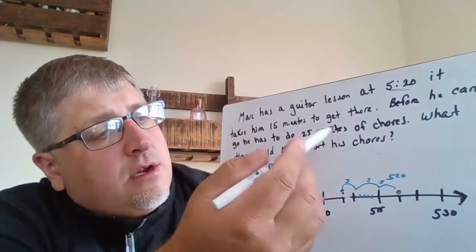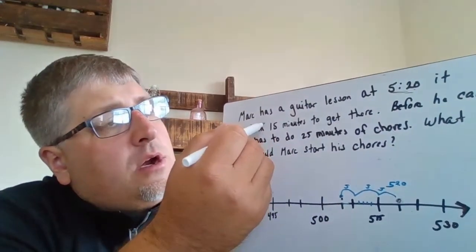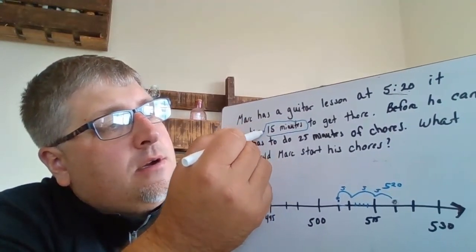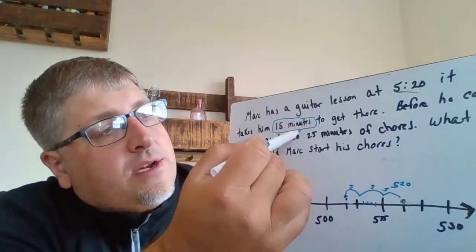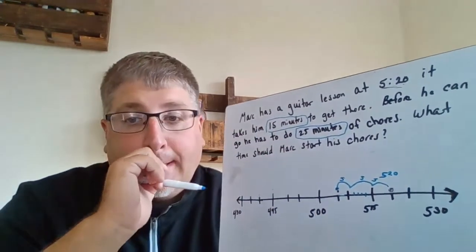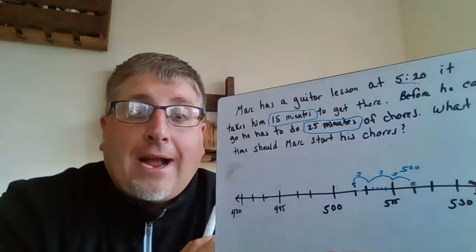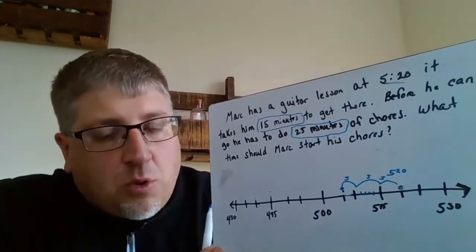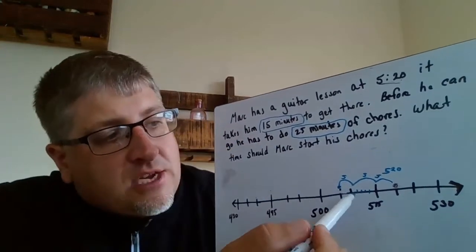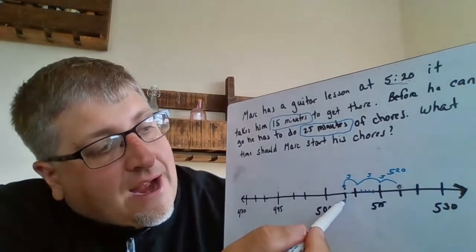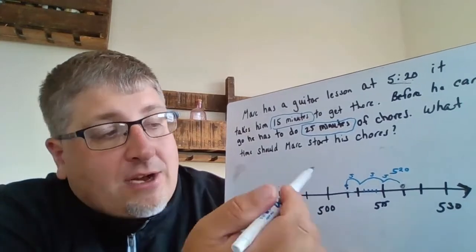So we took care of that. It took him 15 minutes here. Now the other part that we need to know is that it took him 25 minutes to do chores. So we're going to back up 25 minutes on our number line, and that should get us where we need to be. From this point here, which is 5:05, we're going to go back 25 minutes.